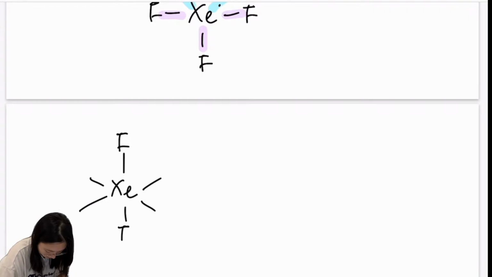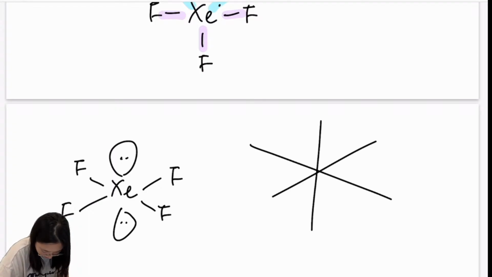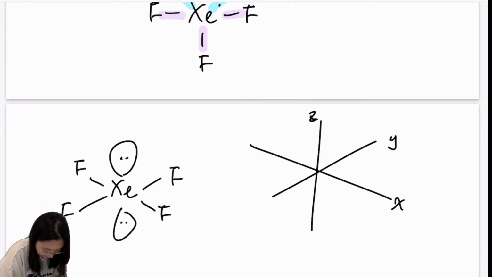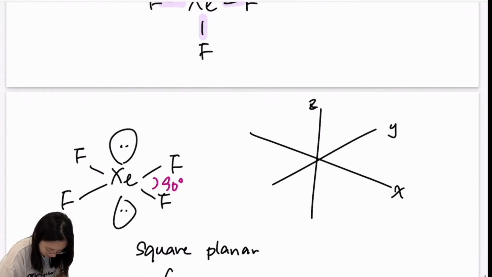So it's like fluorine, fluorine, fluorine. Actually, no. These four fluorines are on one single plane, and then on the up and down, it has the lone pair electrons. So it's like the X, Y, Z axes, and each of the axes is 90 degrees from each other. So the bond angle is, of course, 90 degrees, and it has the square planar shape. And of course, it's symmetric, so it's nonpolar.